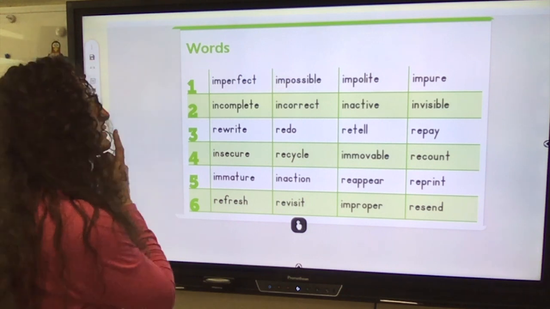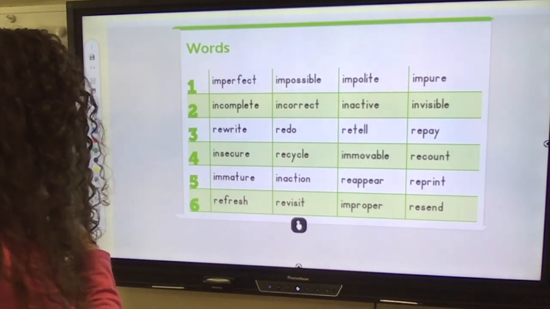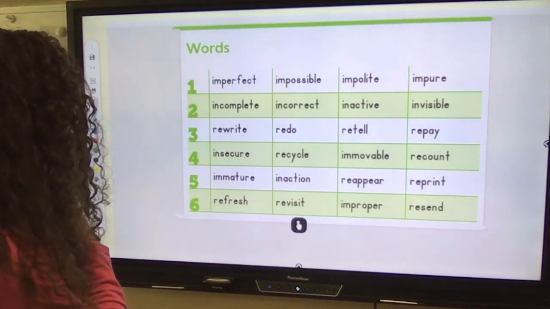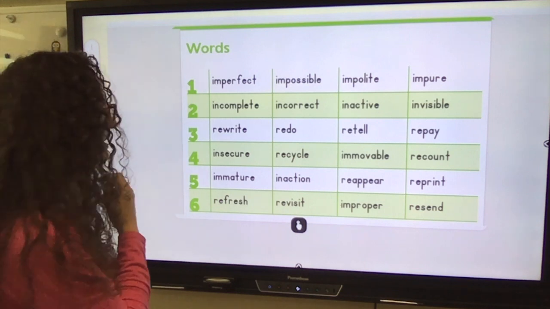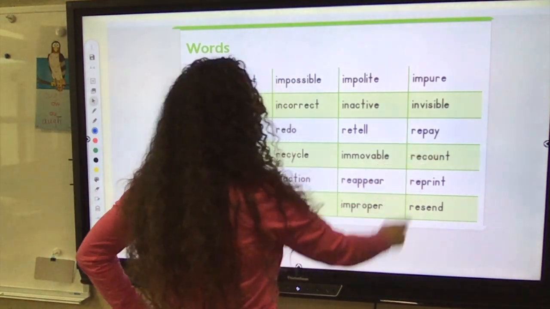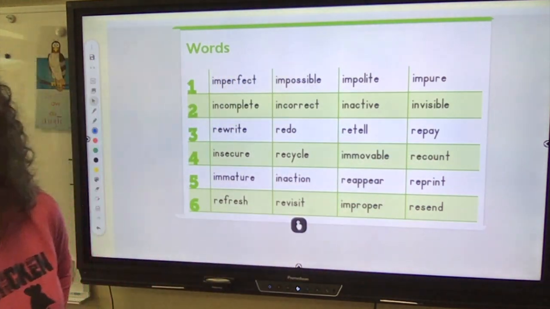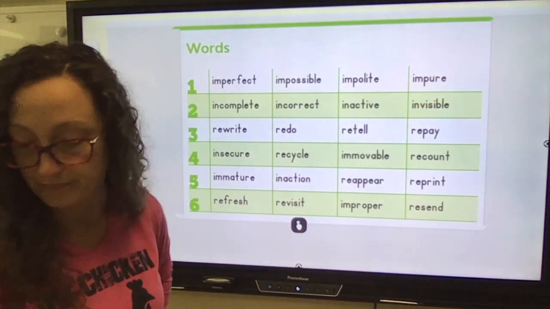I think this is tough, and there are so many options. You really have to look hard. There's really only one word up there that has anything to do with money. Repay. So Todd needs to repay the money he owes. He needs to pay it back, pay it again.